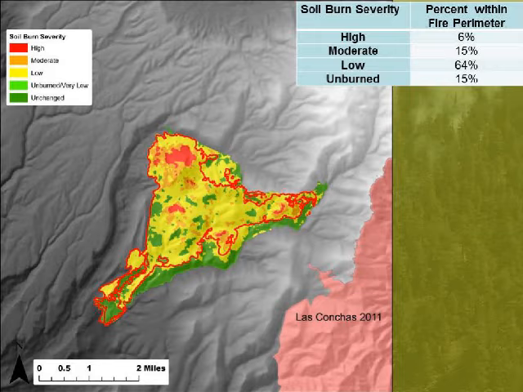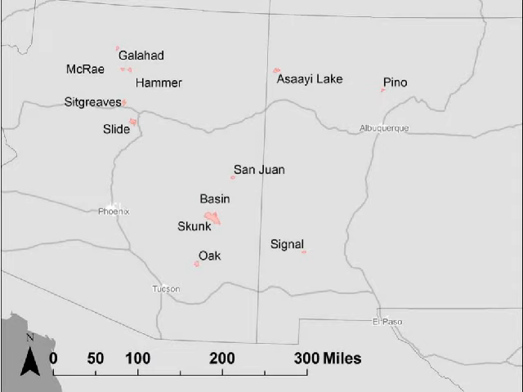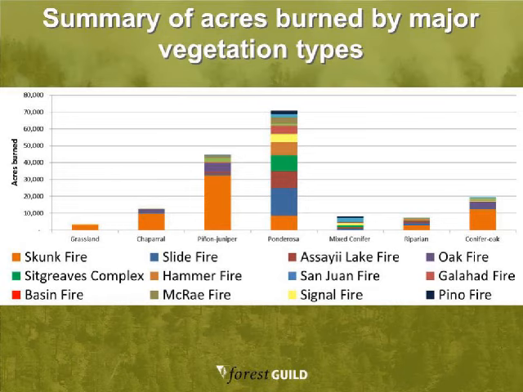So that's a quick view of all these fires, and I wanted to provide a couple of summary graphics that share an overview of these fires, which account for, I believe, about 3/4 of the total burned area for the year 2014.